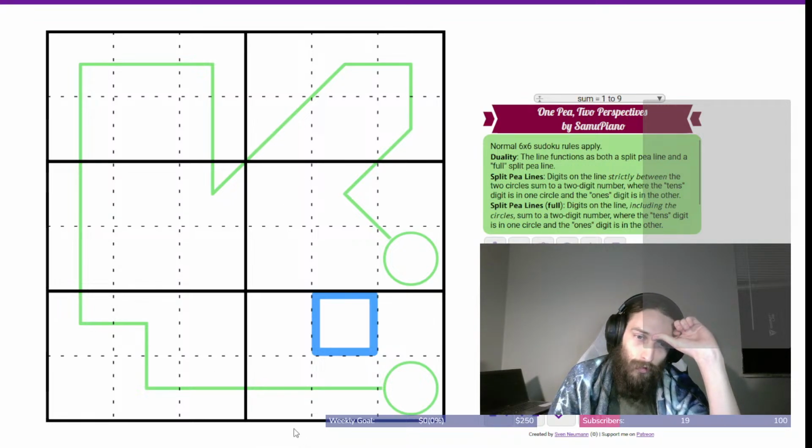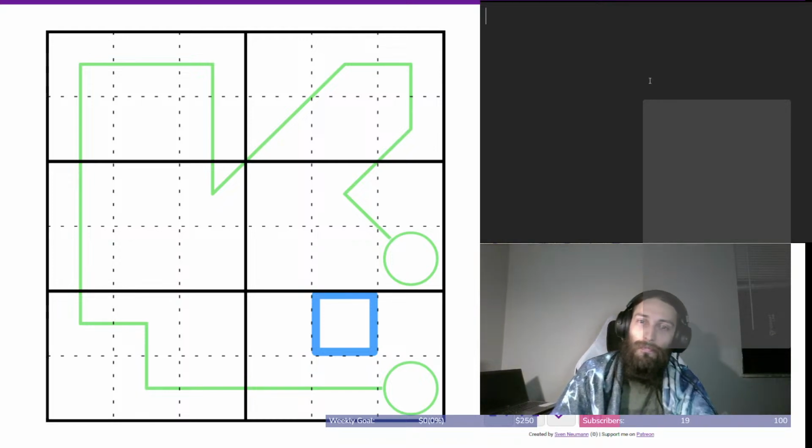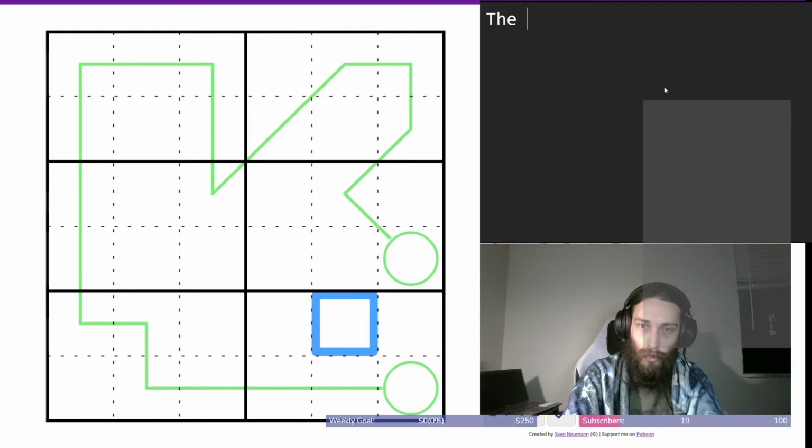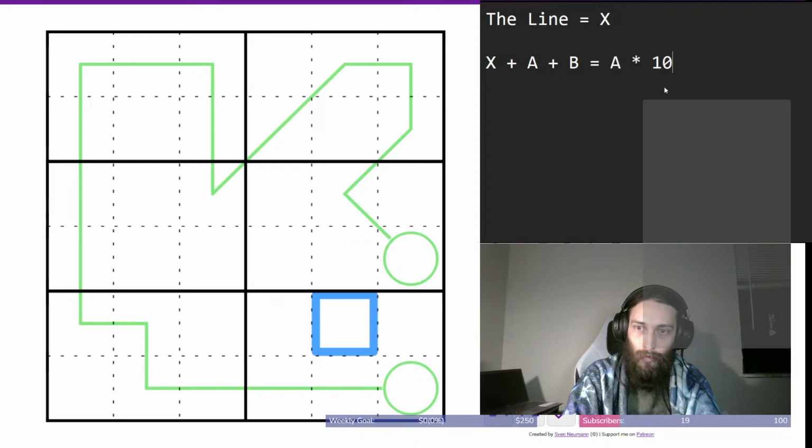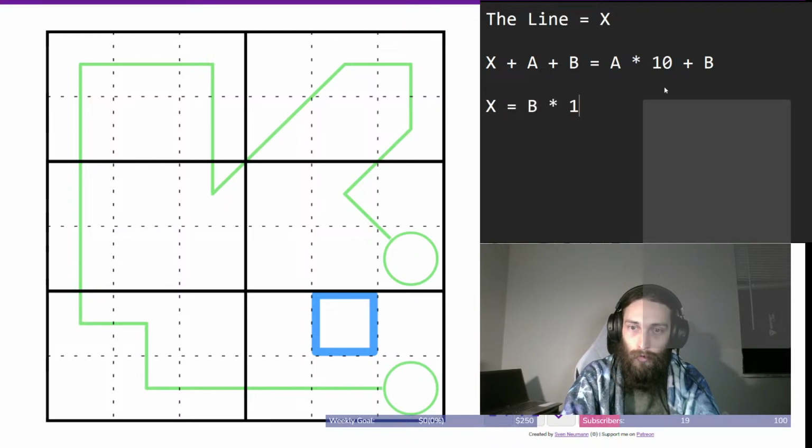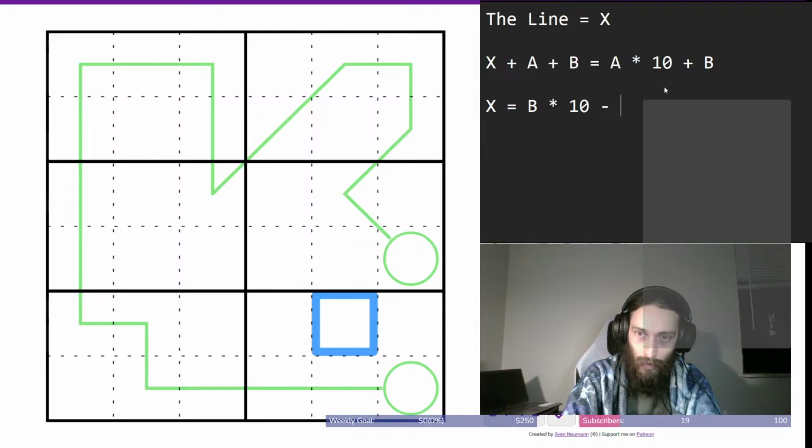So you've got the line, which is equal to x, and x plus a plus b is equal to a times 10 plus b, and then x is equal to, I'm assuming, b times 10 plus a, where a and b are just simply these two digits.